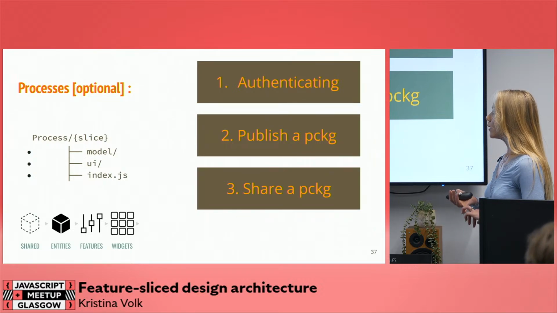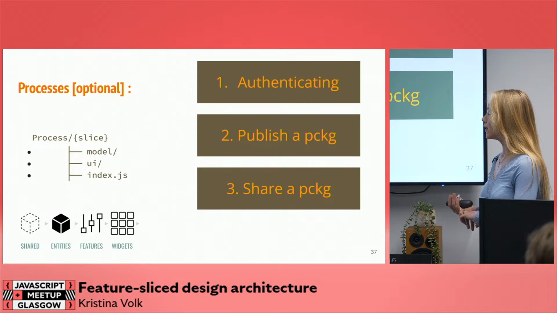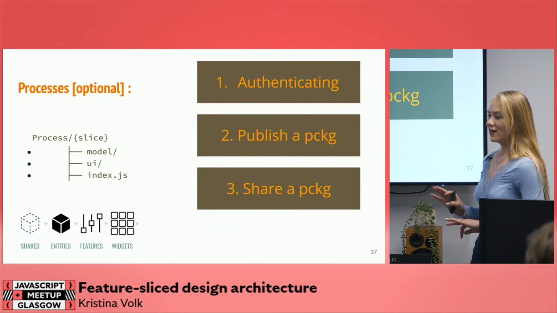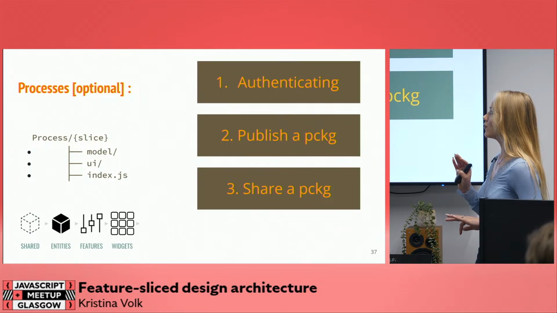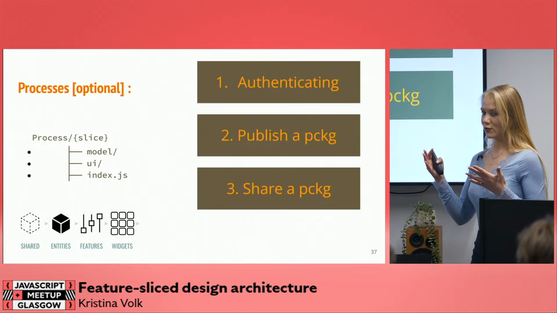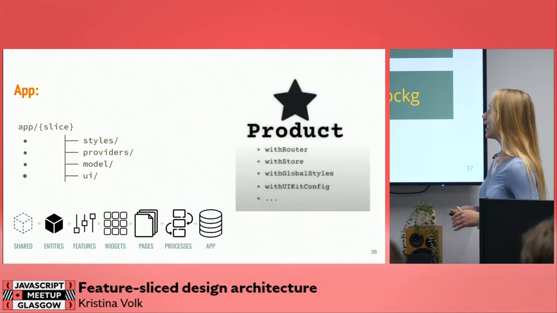And processes, there's an optional layer, but for example, if we think about some authenticating or ordering, so these kinds of processes, they touch different pages. So we have to bring it one layer up.